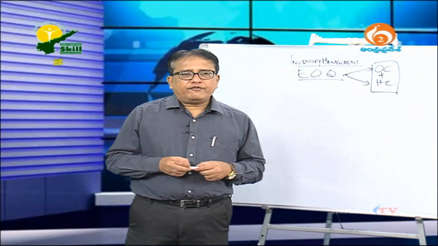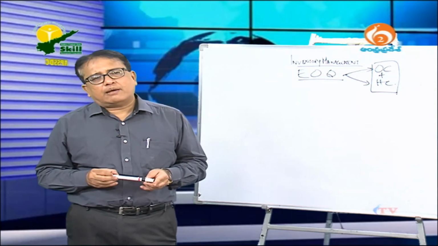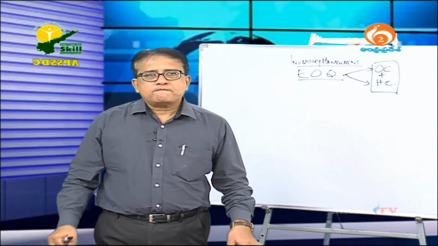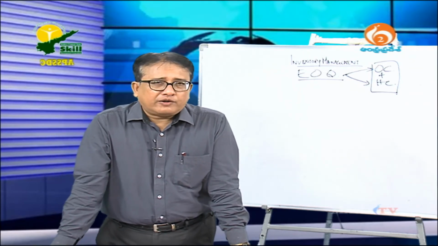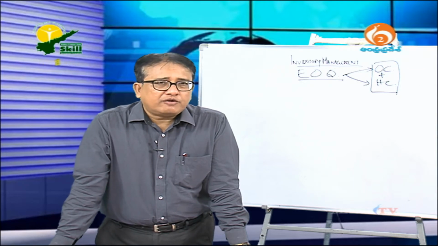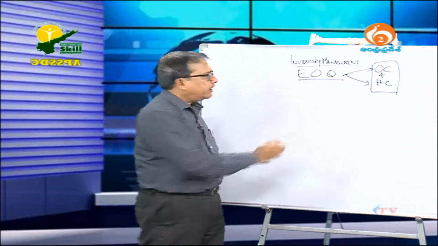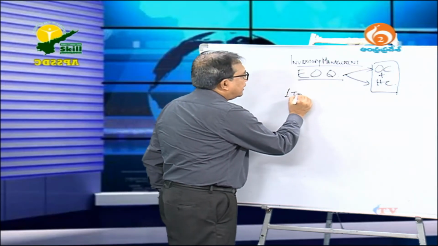Very interesting to understand that if I order in large numbers, the frequency of my orders is less. So, the number of transportations involved with large quantities is much less. Suppose a company orders 1 ton of material, just a hypothetical figure.